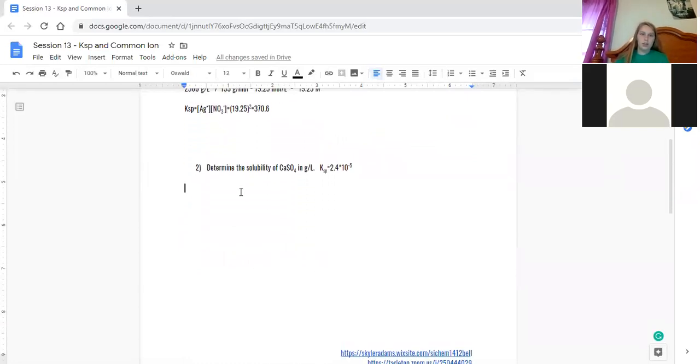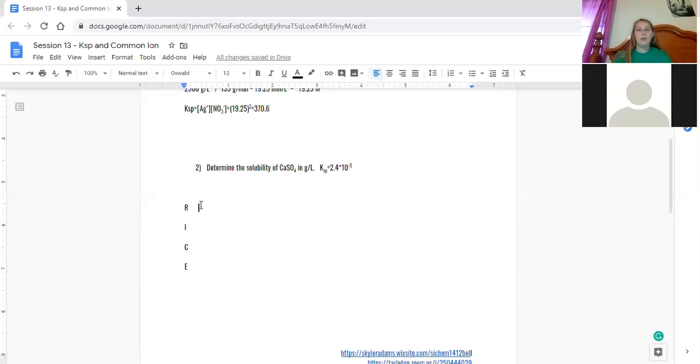So then we're going to determine the solubility of CaSO4 in grams per liter. And we have KSP there and everything. So with this, we're going to have to set up a rice table. I don't know how well that's going to work on here. With the rice table, we know what our reaction is.